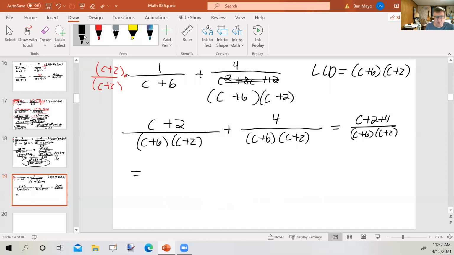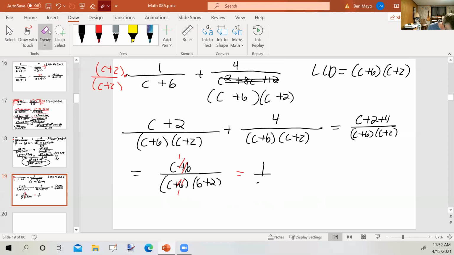Combining like terms, I get c plus 6 over c plus 6 times c plus 2. Now I need to be careful. I wrote a c that looks like a 6 there. This is c plus 2.